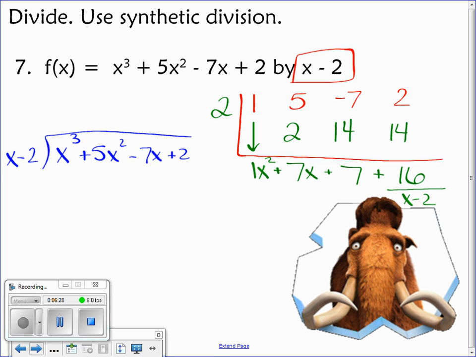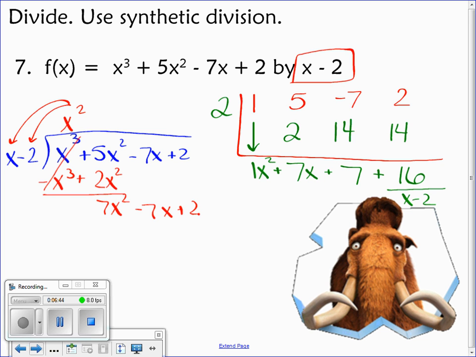All right, so what do you multiply x to get x cubed? We would distribute, get x cubed minus 2x squared. Change your signs. That gives me 7x squared minus 7x plus 2. We'd start again. We'd multiply x to get 7x squared. Distribute. There's 7x squared minus 14x.